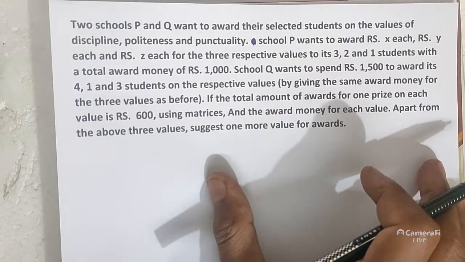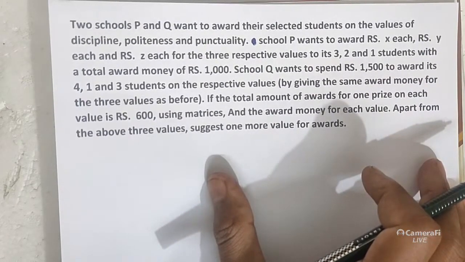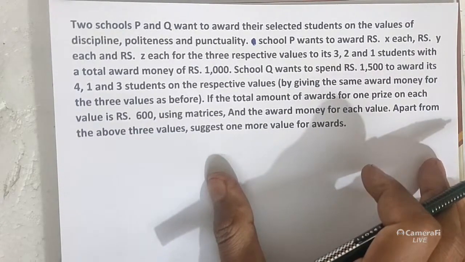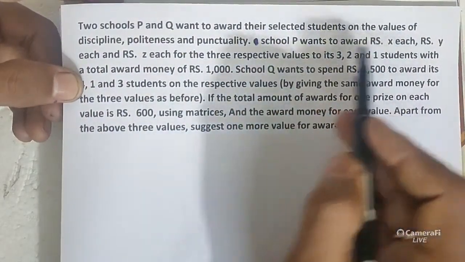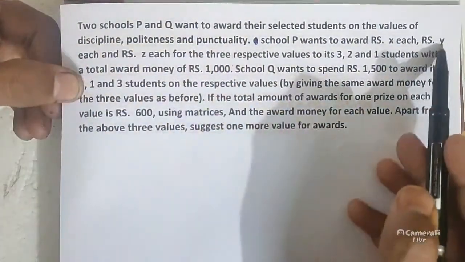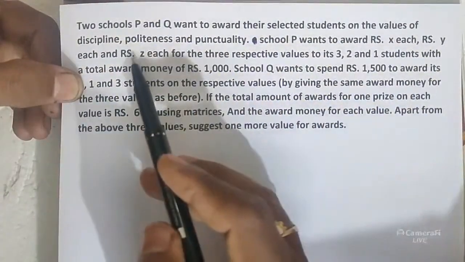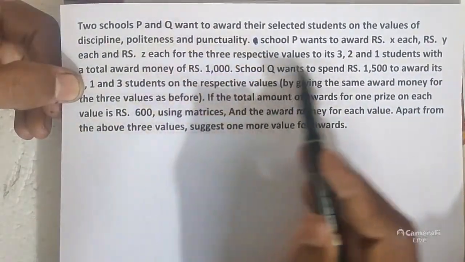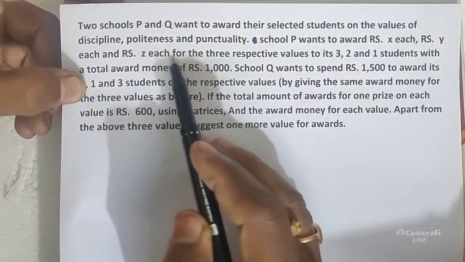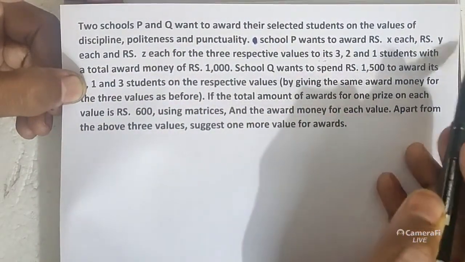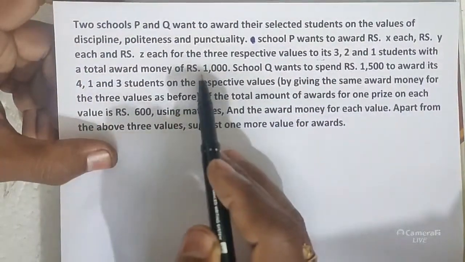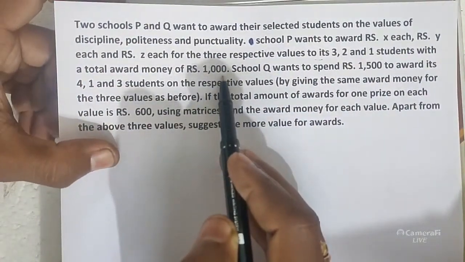Here the question is given: two schools P and Q want to award their selected students on the value of discipline, politeness and punctuality. School P wants to award rupees X each, rupees Y each and rupees Z each for the three respective values. That means rupees X for discipline, rupees Y for politeness and rupees Z for punctuality, to its 3, 2 and 1 students with a total award money of rupees 1000.